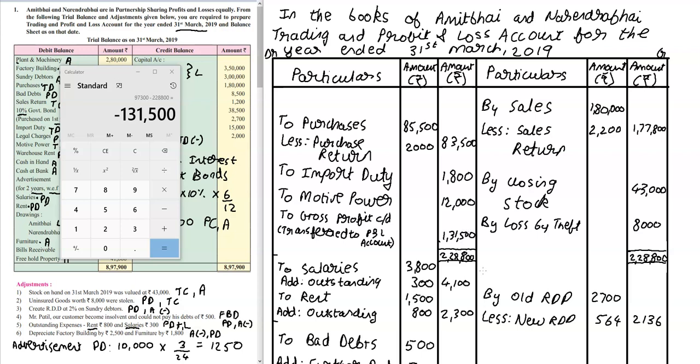And immediately down here, by gross profit brought down, 1,31,500.